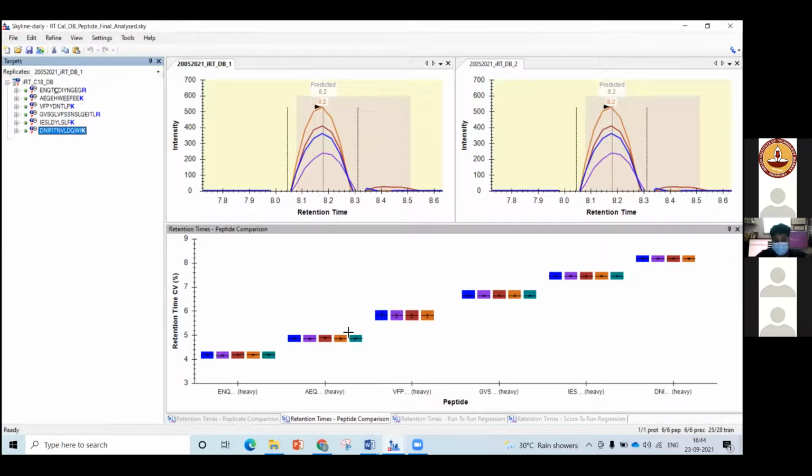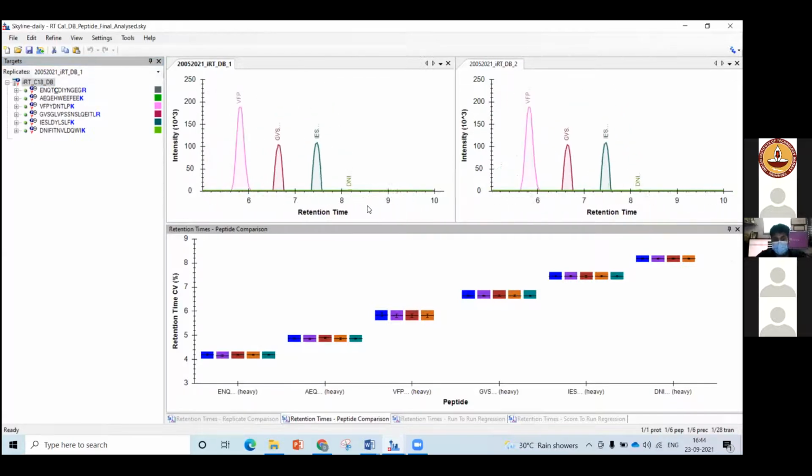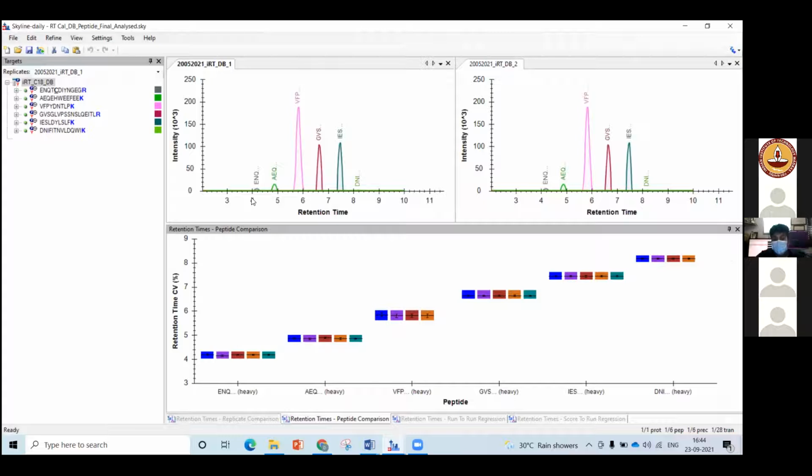These are 6 different peptides, and we have optimized them in such a way that, when you look at this graph, these 6 peptides cover the maximum stretch of the gradient that we are using.